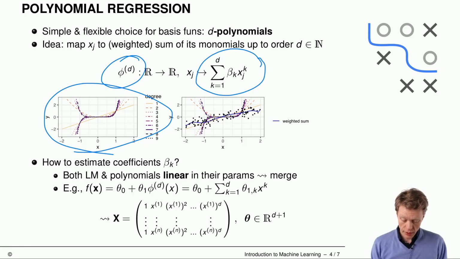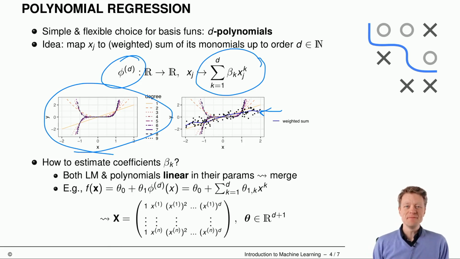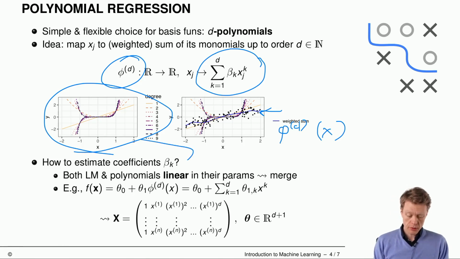Okay, so the blue line here, that one, is the weighted sum. So that's directly f d of x in that case. Okay, so you take those monomials, you weight each monomial, and then you sum the weighted monomials. And now the question remains how to estimate those coefficients here.